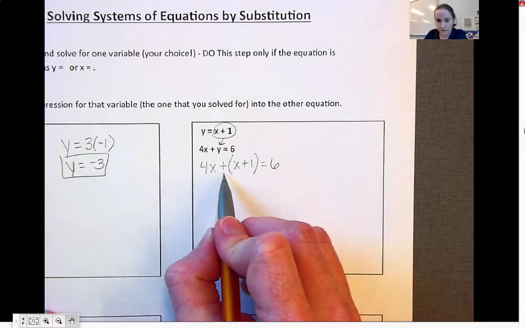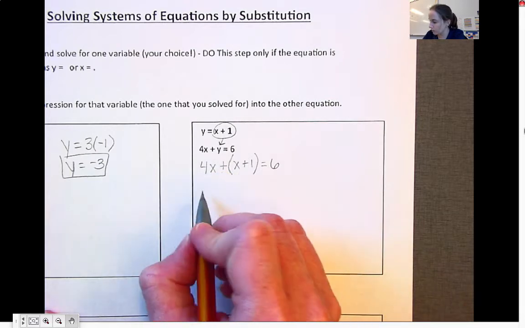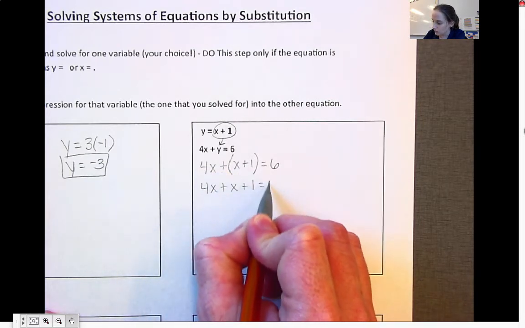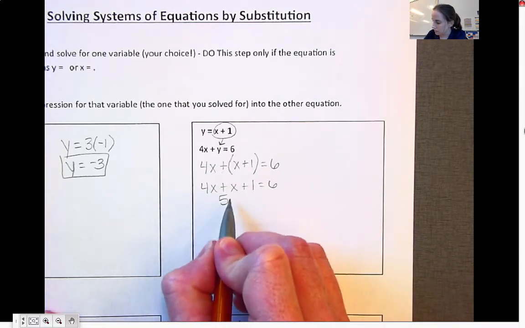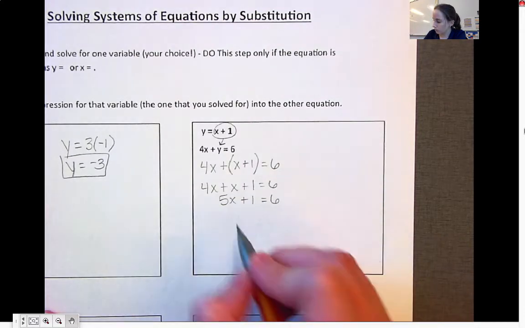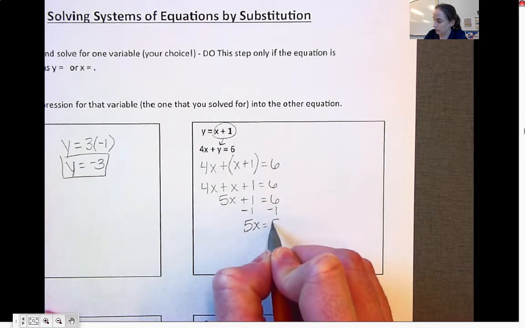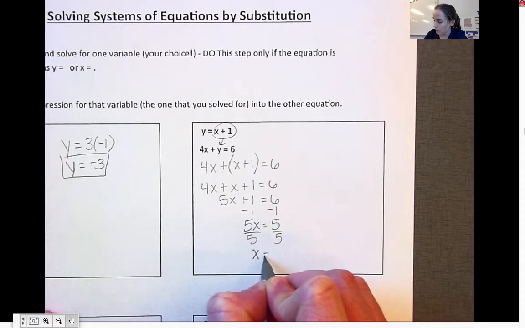In this case I didn't need the parentheses because there's no negative to distribute, so we have 4x plus x plus 1 equals 6. Combine your like terms. So this is 5x plus 1 equals 6. And now move the 1 over, minus 1 minus 1. 5x equals 5. Therefore, x equals 1.